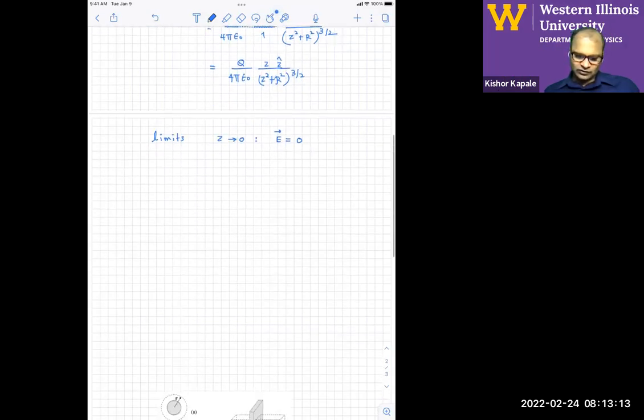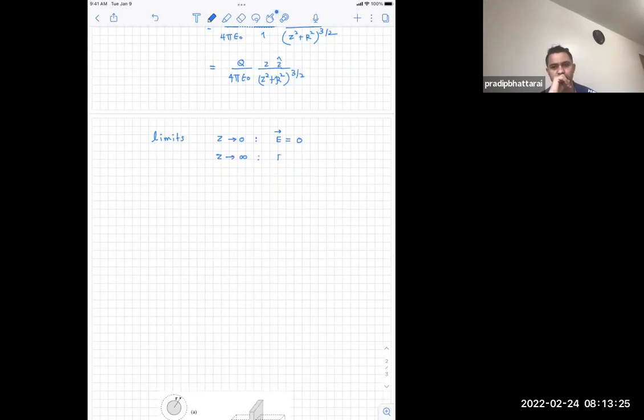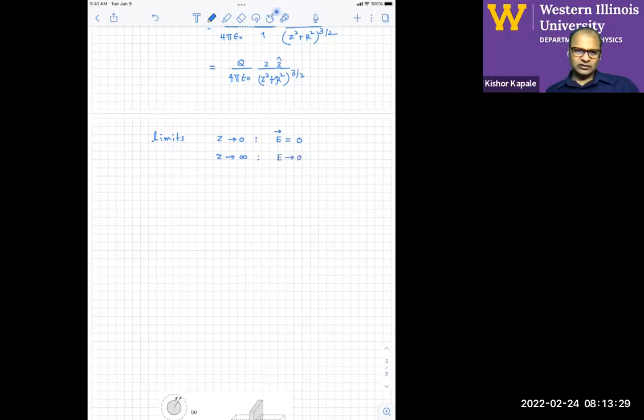What will happen if we go to z going to infinity? What would be the limit in that case? So again, you're moving really far away from the charge, and so it will also go to 0. Right? So both of those are sort of straightforward.